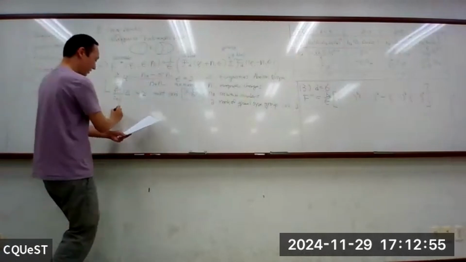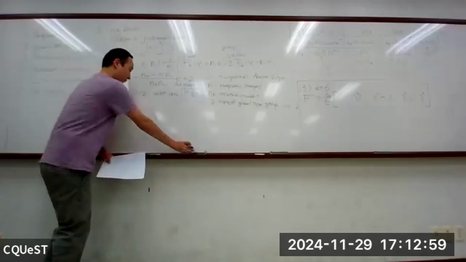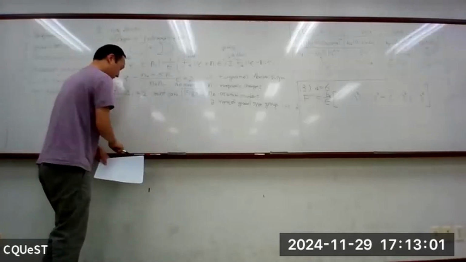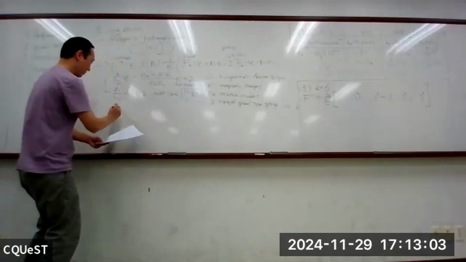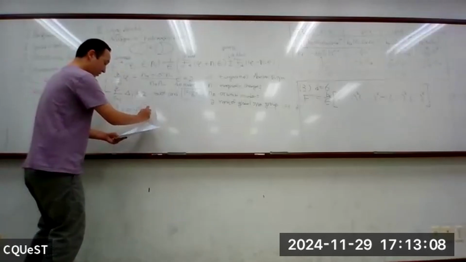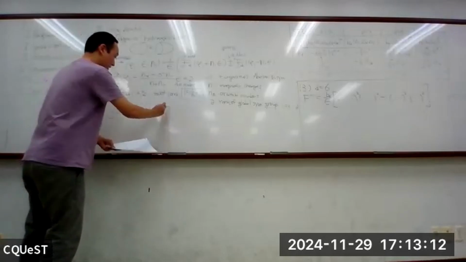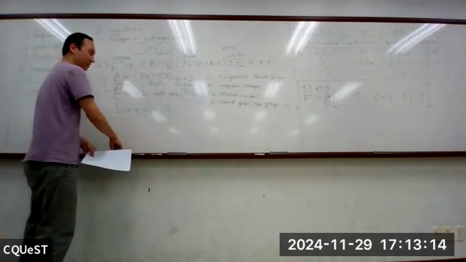And then here you plug in. I didn't write this. So phi I is given by phi I plus m_i epsilon.